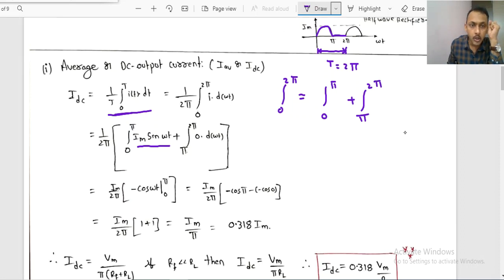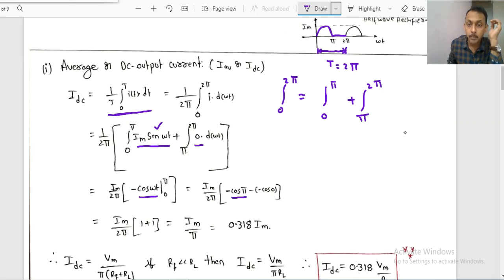Within 0 to π its magnitude is Im sin ωt, but from π to 2π its magnitude is 0. Now the integral of sin ωt is minus cos ωt; Im is a constant, taken outside. So the integral of sin ωt is minus cos ωt, upper limit minus lower limit.